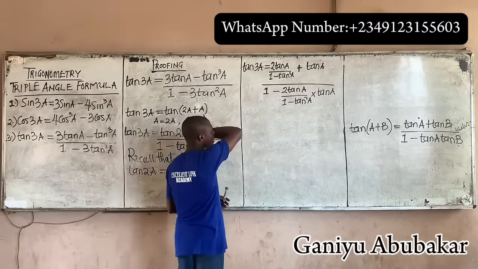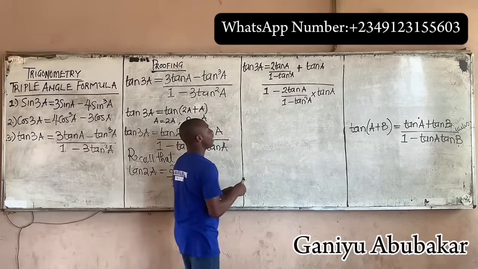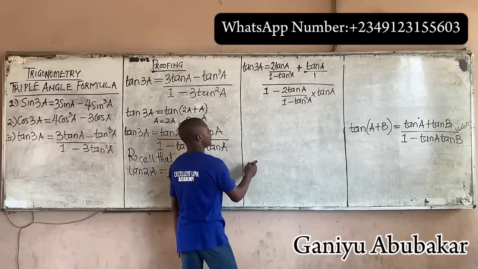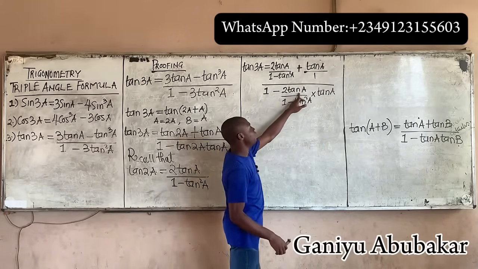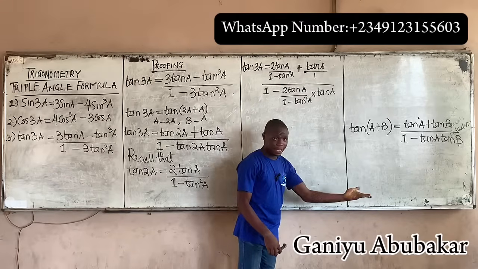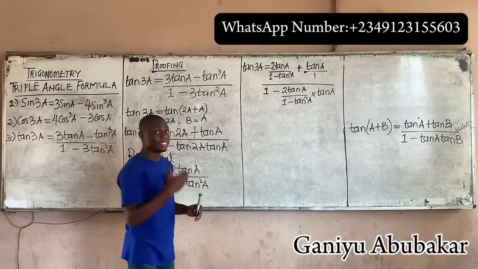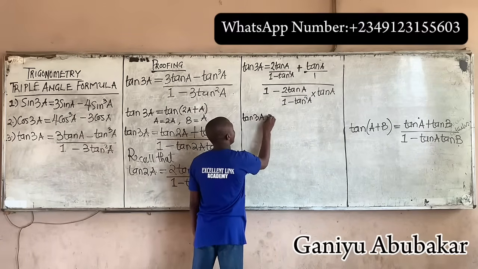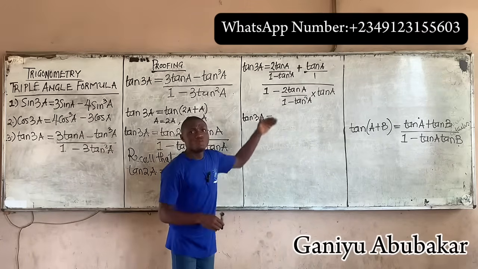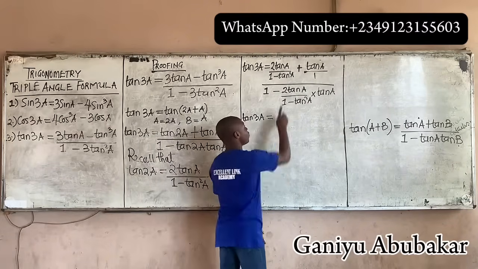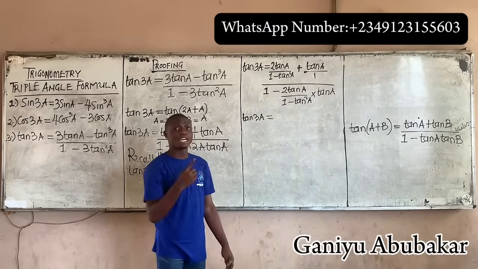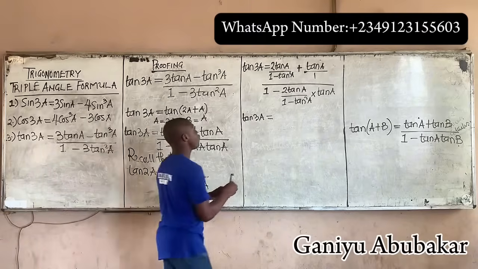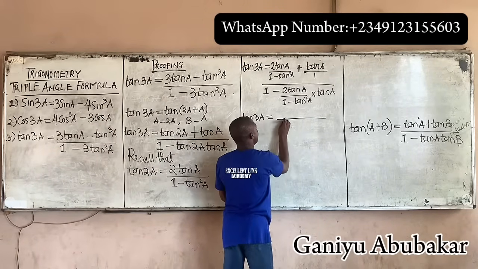So from here now, I can see that for the numerator alone, there's an invisible one here and an invisible one there. Similarly, if I multiply 2 tan a with tan a, that becomes 2 tan squared a. Simplifying this now, I'll have tan 3a equal to, first, the numerator alone. I can infer the concept of LCM, right? I'm having 1 minus tan squared a and 1. So for the numerator, my LCM becomes 1 minus tan squared a.